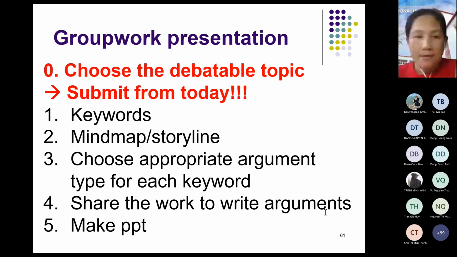Gia Hui, and also An Hui asked, so we only need to select either against or support. Yes. So all of the 11 arguments must be in one direction of opinion only. You cannot say I have 5 arguments to support that and I have 6 arguments against that. No, all of the group members must go in one direction of the opinion.